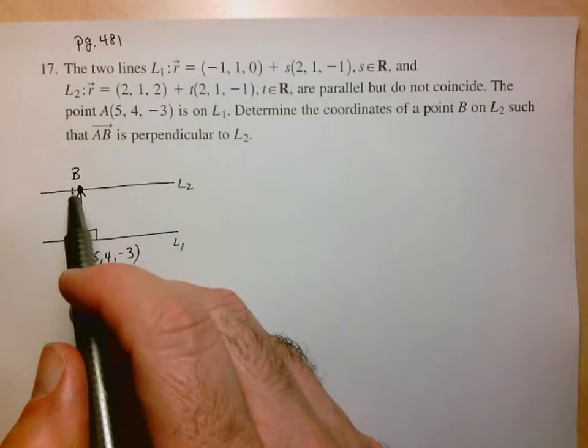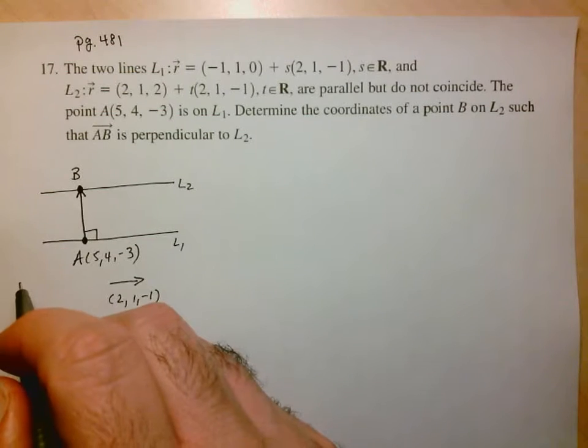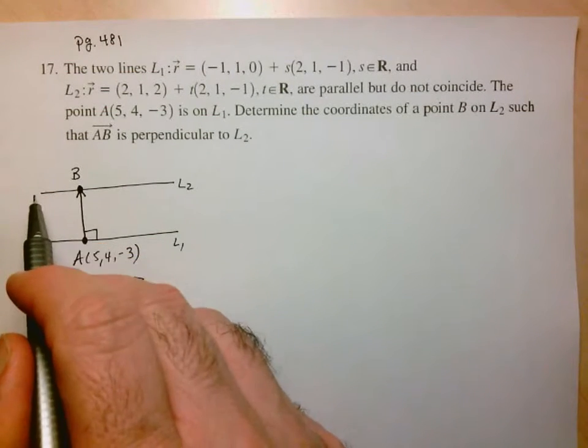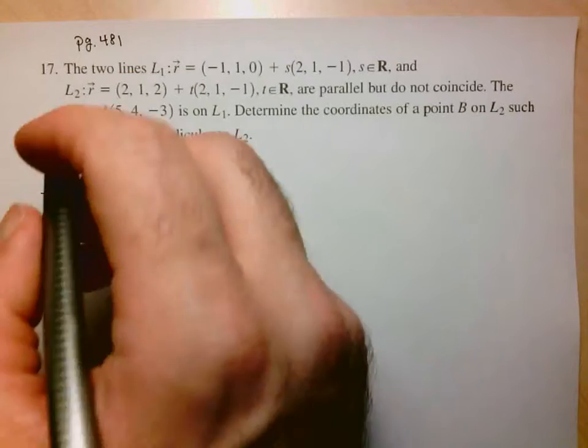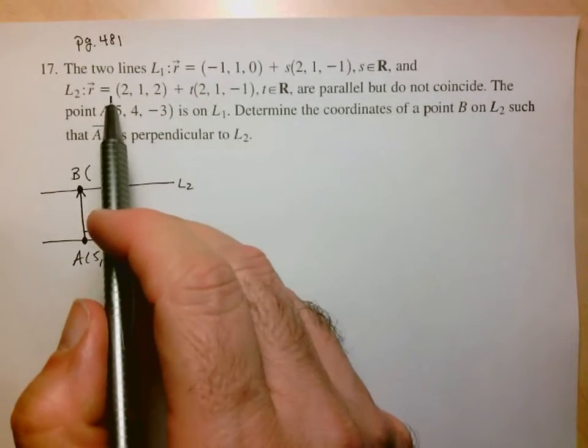I need to find point B, and I don't want to just use x, y, z, since that's going to leave me a lot of variables, but I know something about point B. It's on line 2, so point B can be represented using this parametric equation.